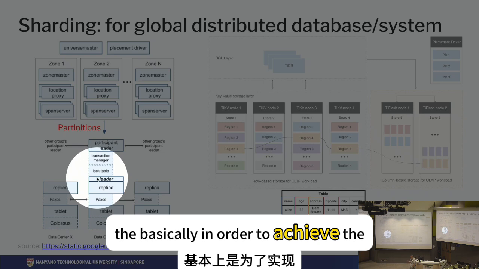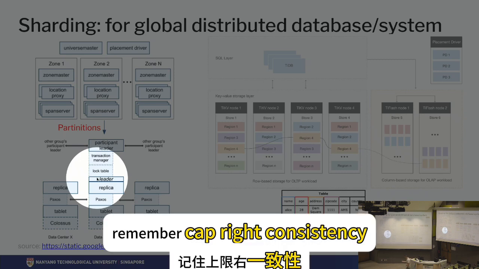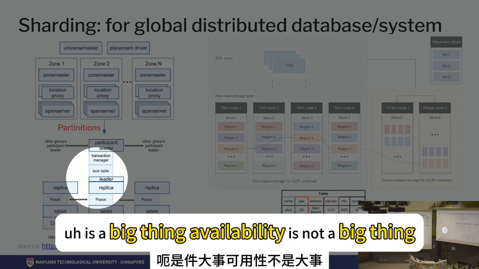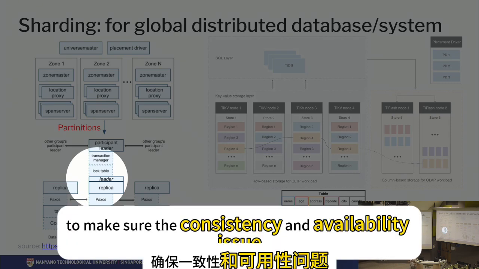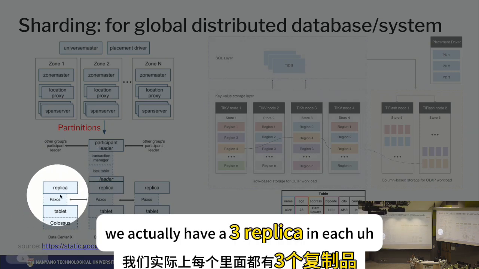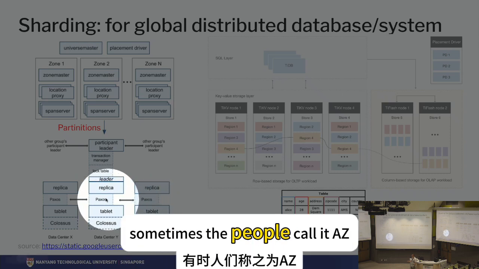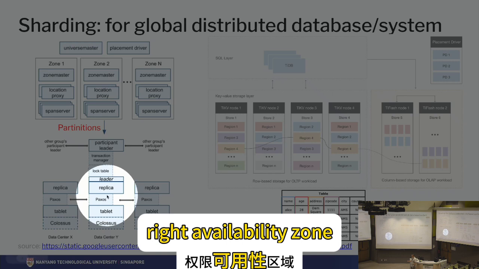In order to achieve CAP, remember, consistency is a big thing, and availability is another big thing. To make sure the consistency and availability issues are resolved, we have 3 replicas in each data center zone. Sometimes people call it an AZ, availability zone.